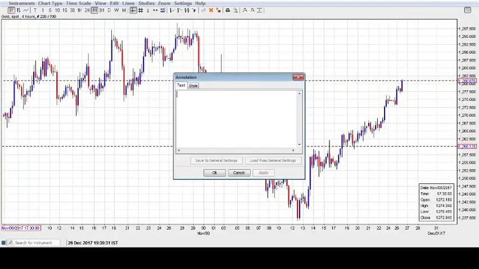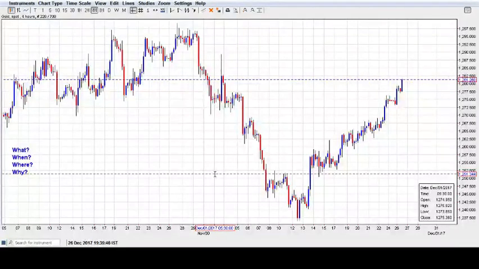See, we need to answer these four questions primarily. What, when, where, and why. Before you actually place your trade, we want to answer these questions: what to do, when to do, where to do, and why to do.